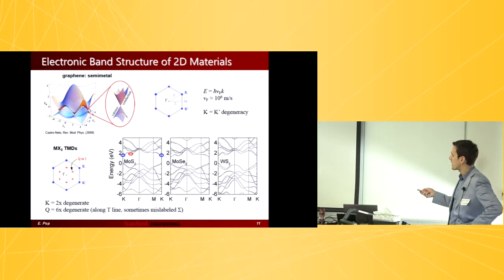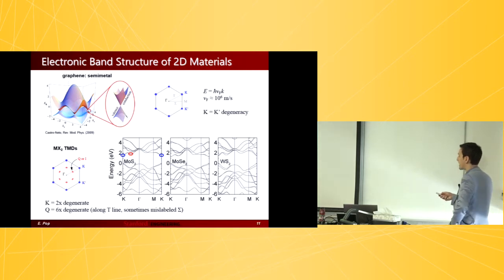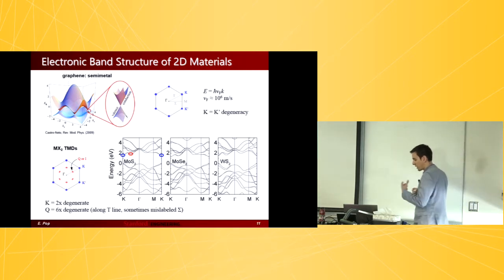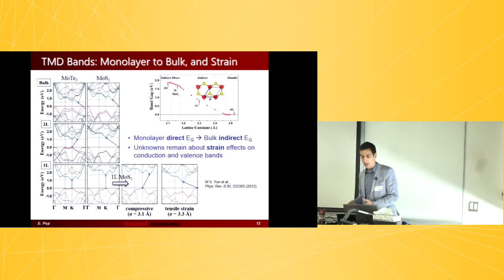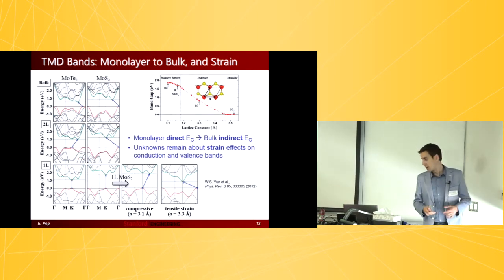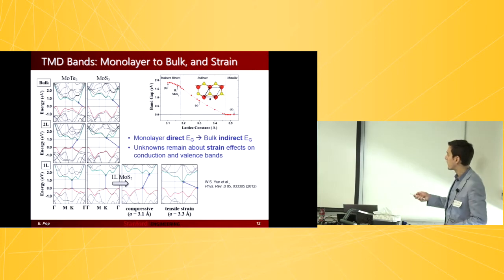Some of the questions that remain open are, what are these energy valley spacings, for instance, right? And that's why I highlighted these things. For different materials, different layers, and so on. What is their dependence on strain? In fact, this is some other nice computational work. Here, for instance, is molybdenum telluride. Here's molybdenum sulfide. You can see that as you go to monolayer, and I think you all know this, the bands are direct, right?